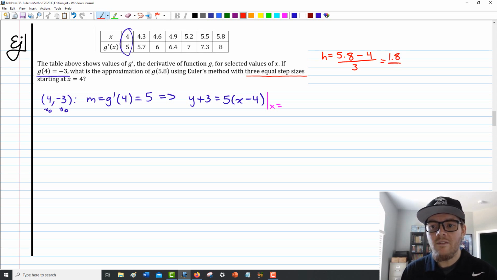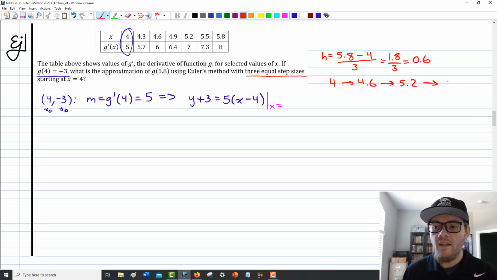That's 1.8 divided by 3, which is equal to 0.6. So if we're going to use 0.6 as our step size, we'll start at 4, we'll move to 4.6, we'll move to 5.2, and then we'll finally wrap up at 5.8. So really it's just that standard way of getting there. We just had to find our step size.